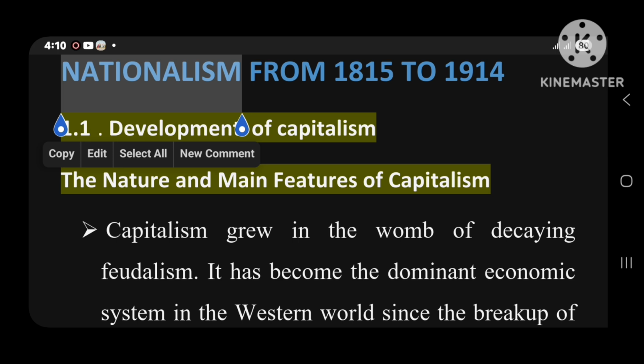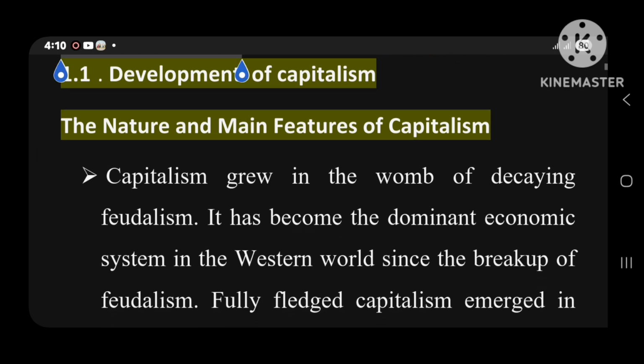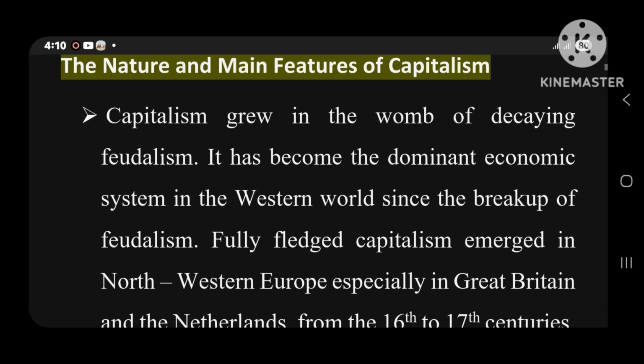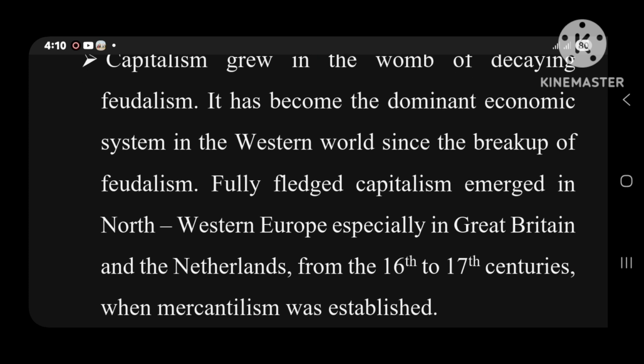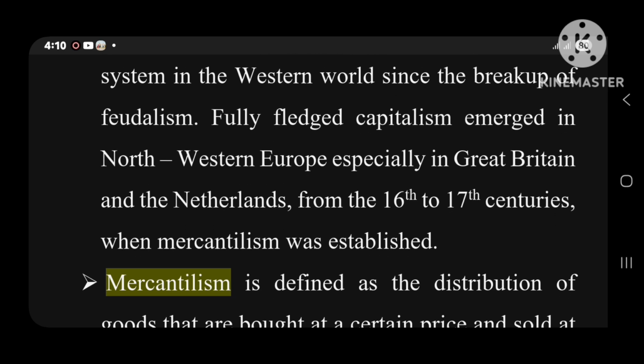It became the dominant economic system in the Western world since the breakup of feudalism. When feudalism totally collapsed, it was replaced by capitalism. Fully fledged capitalism emerged in northwestern Europe, especially in Great Britain and the Netherlands, from the 16th to the 17th century, when mercantilism was established.